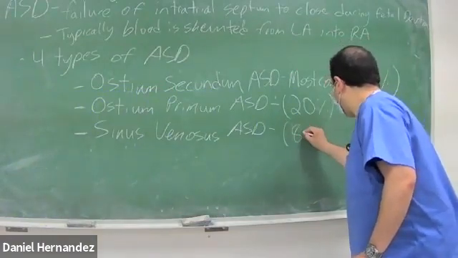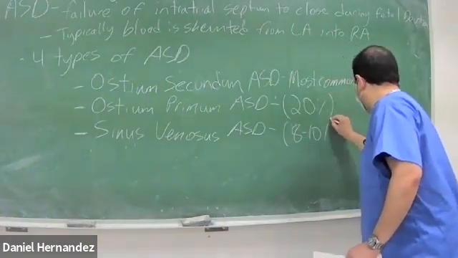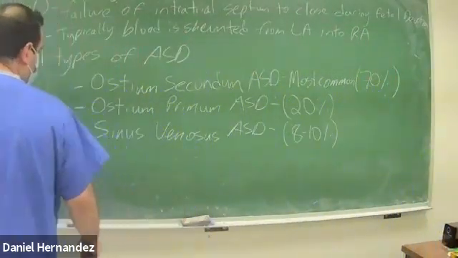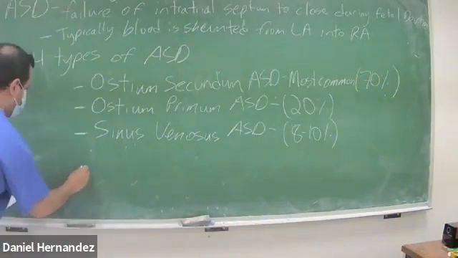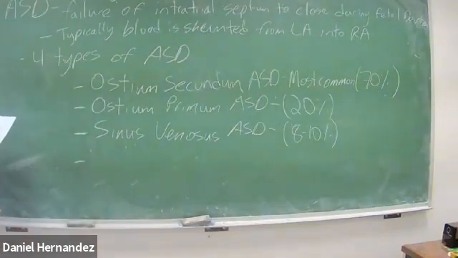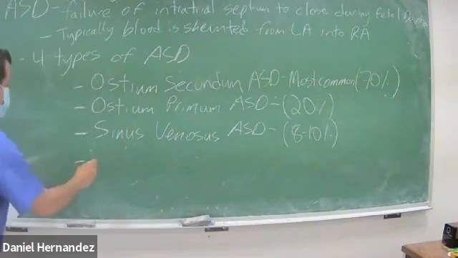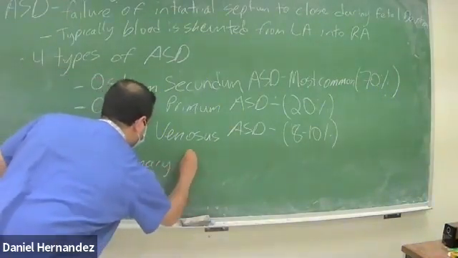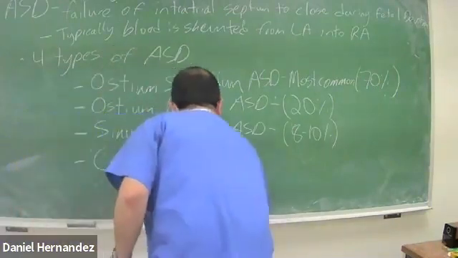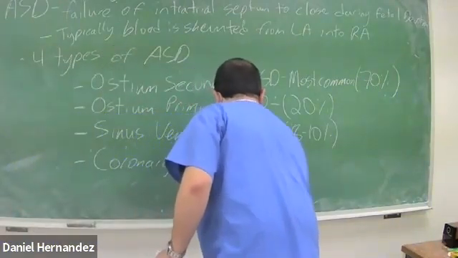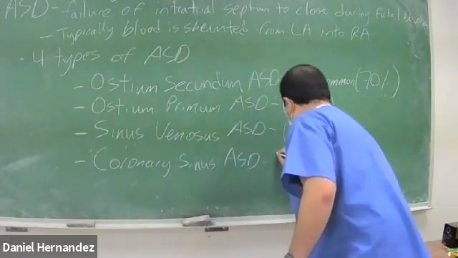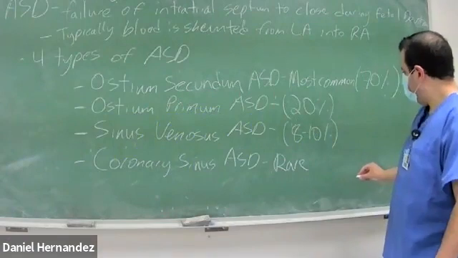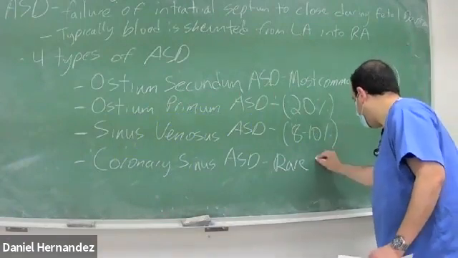This is about 8 to 10%. And the last one is a coronary sinus ASD. These are rare, usually making up less than 2%.